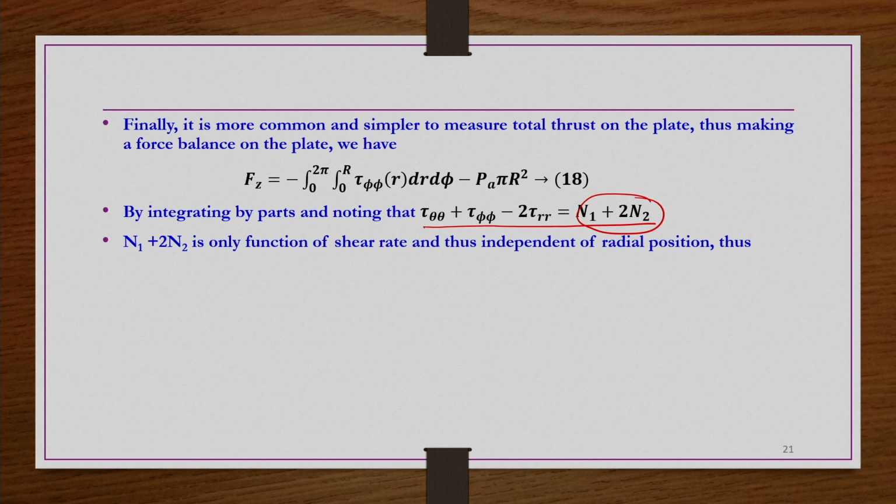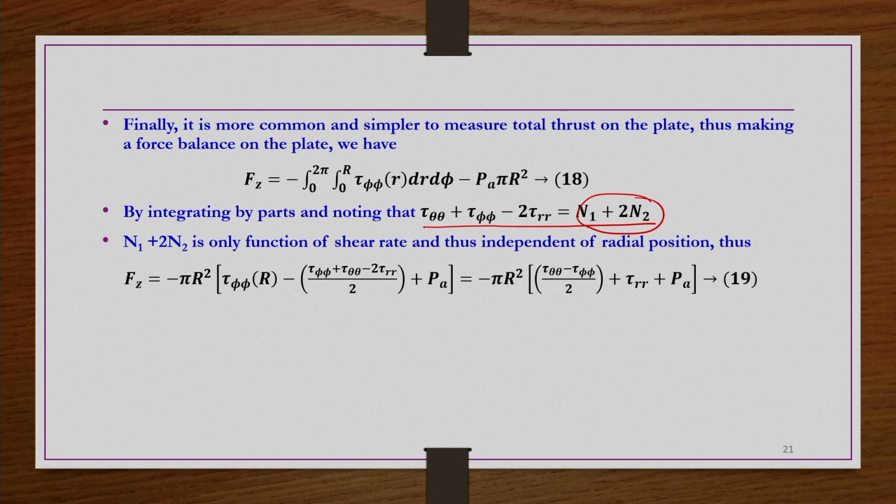So this quantity n1 plus 2 n2 should also be constant irrespective of radial position. When you apply that and simplify, this is the expression you get for the thrust.